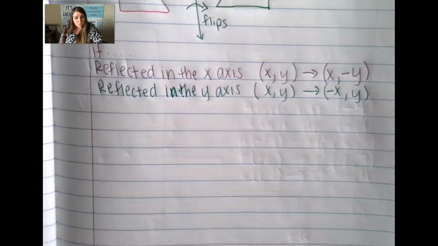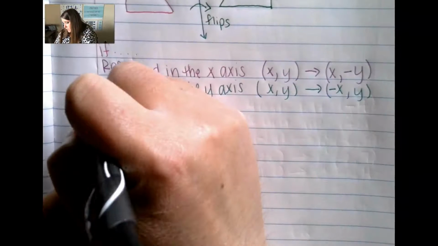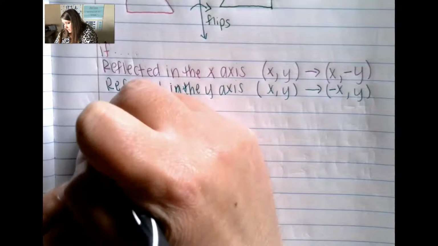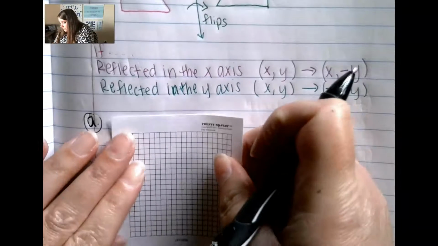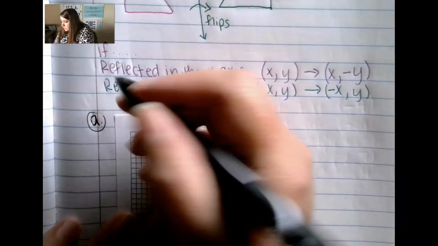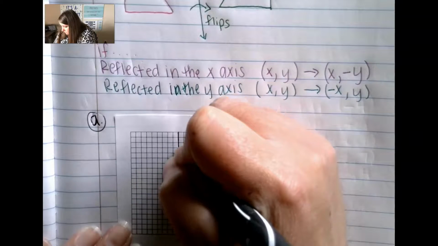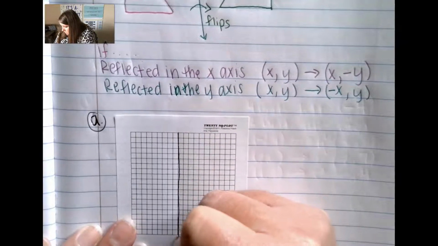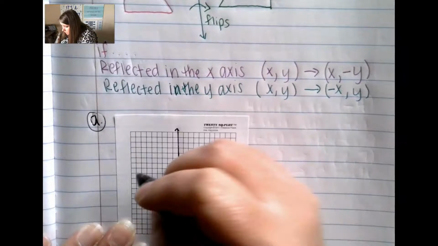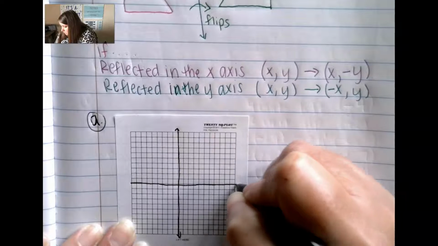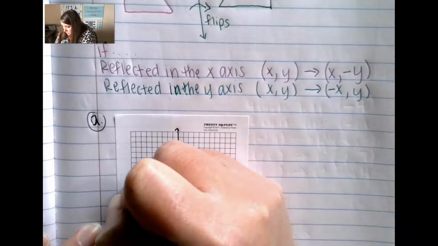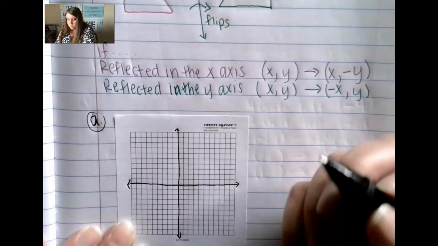So we're going to get our plot points, our coordinate planes, and let's look at example A. Example A has a triangle, and we're going to be reflecting. So we're not sliding, we are reflecting. That is the transformation that is occurring.